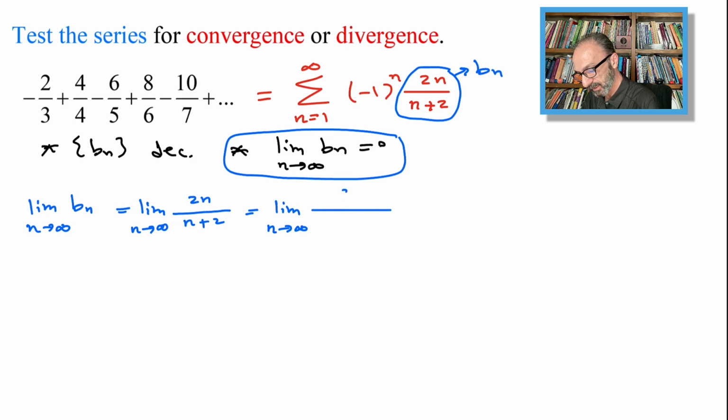We will write 2n over n plus 2, and divide the top and bottom side by n. That's one way to do it.